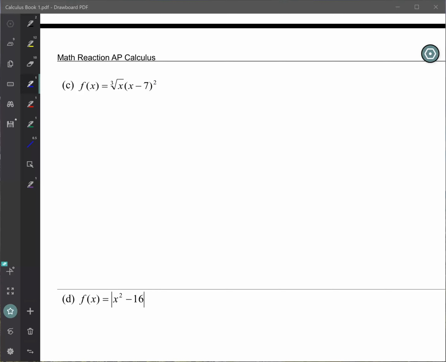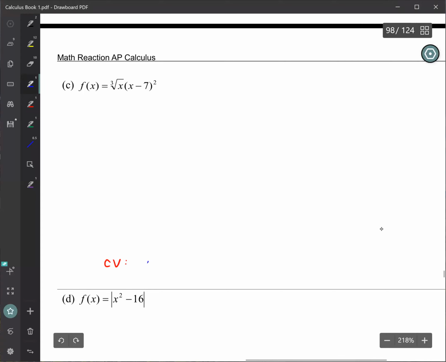Chain rule, okay? Trig, right? All those things, you apply whenever needed. So at the end, you just list out the critical values. So once you got them all, please raise your hand.